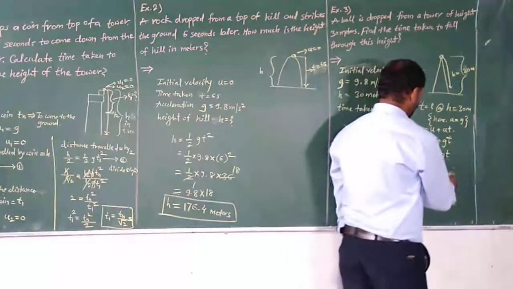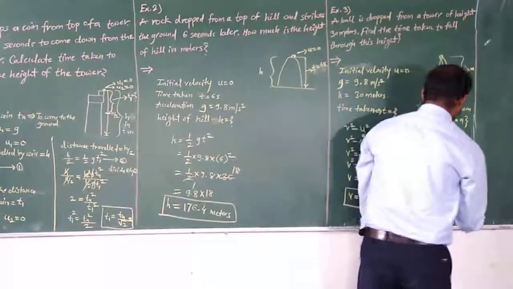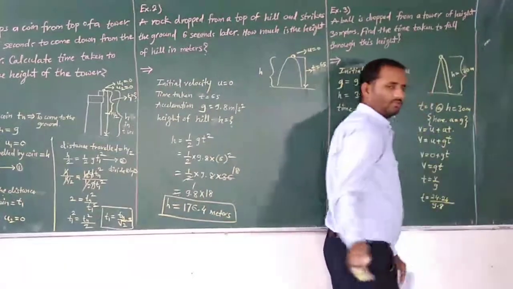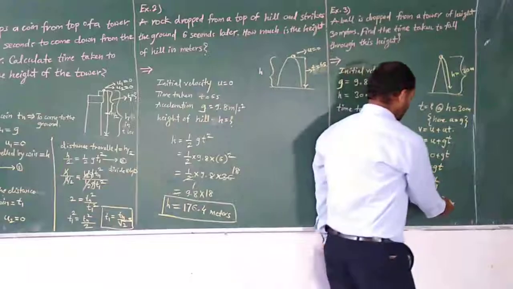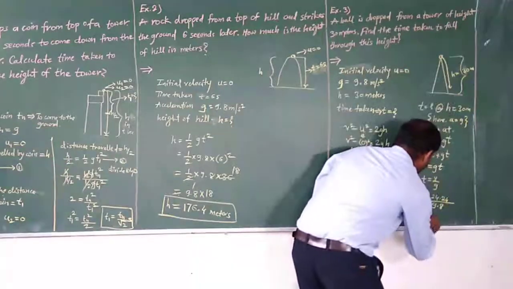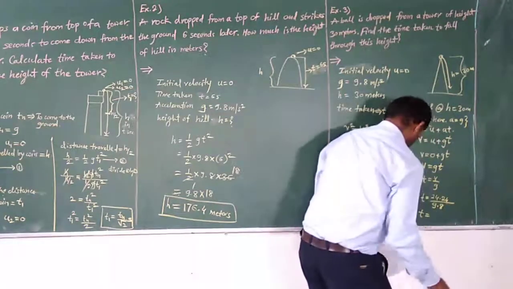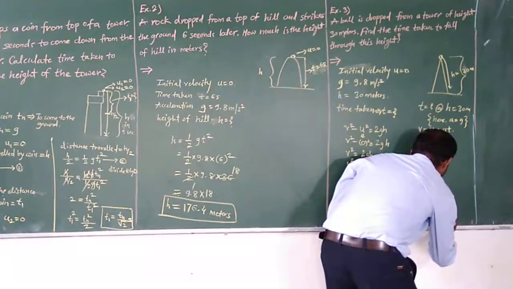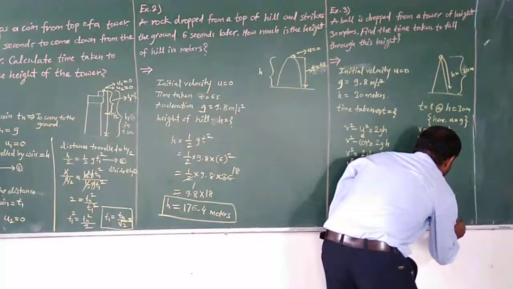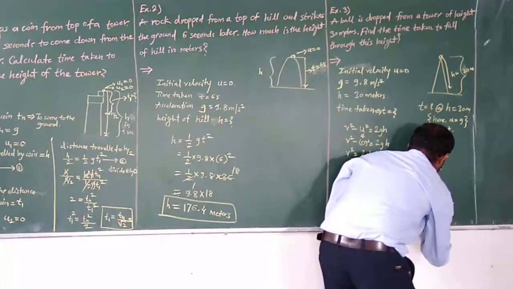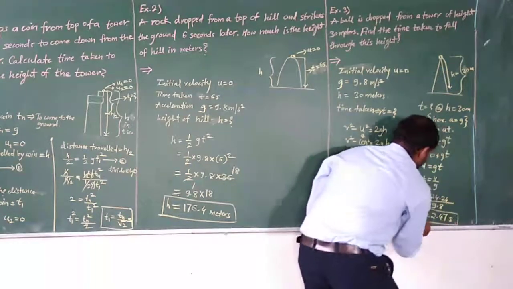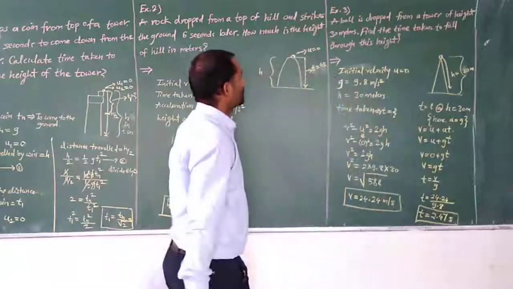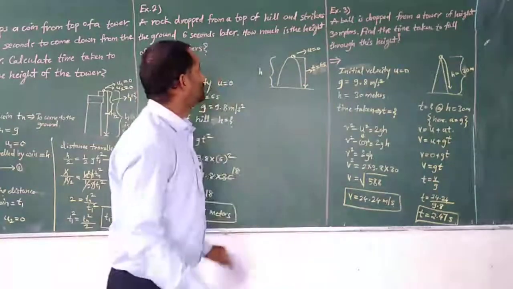You know the unit of time, so there is no need to write it. If you calculate this, you will get t is equal to 2.47, and the unit of time is second. So this is the time. Let us look once again.